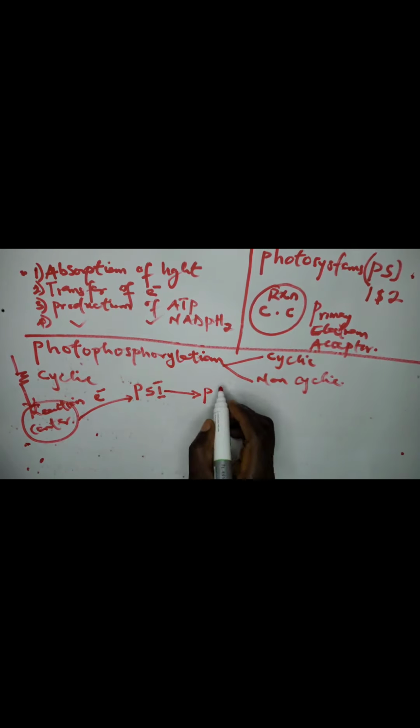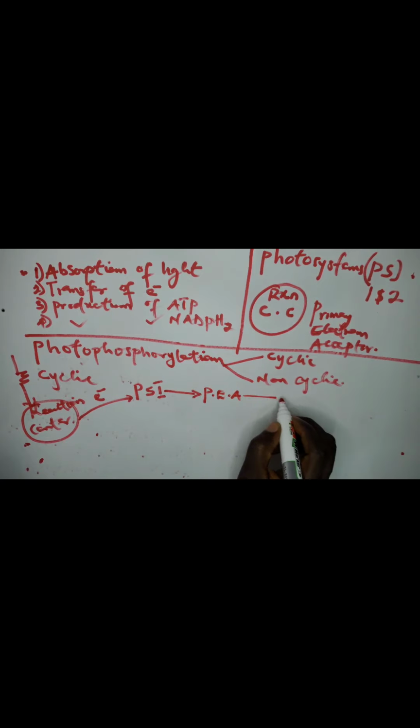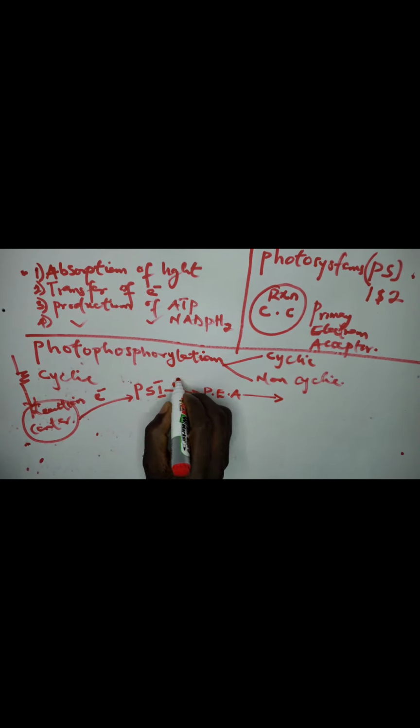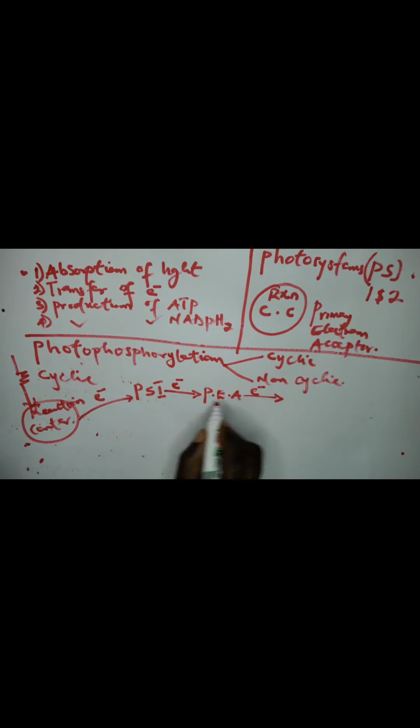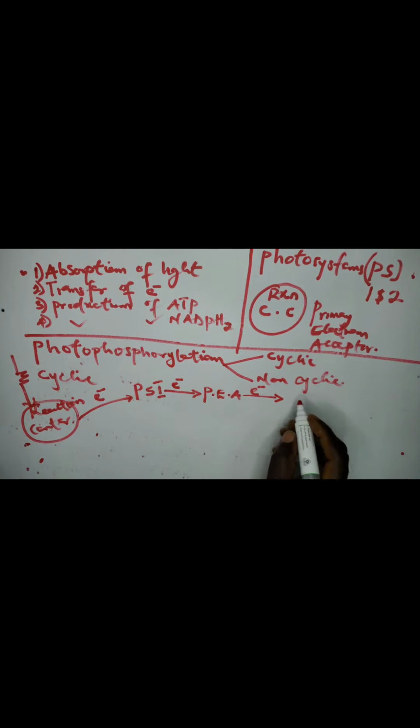Let's call it PEA, the primary electron acceptor. And from that, they are passed down like that to another electron acceptor called the ferredoxin.